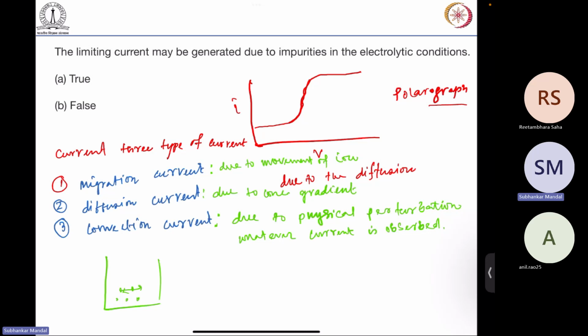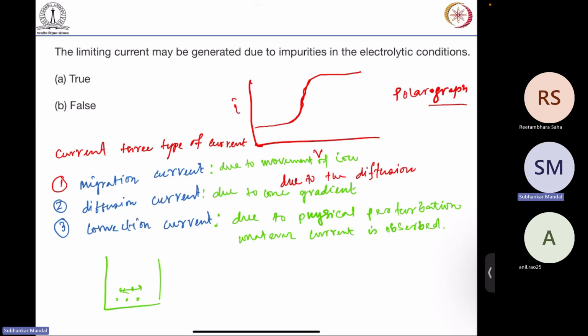Basically for that you use what is called a supporting electrolyte. We'll discuss more about the supporting electrolyte and analyte in a future class, when we discuss cyclic voltammetry or linear sweep voltammetry. For the time being I am telling you these things.